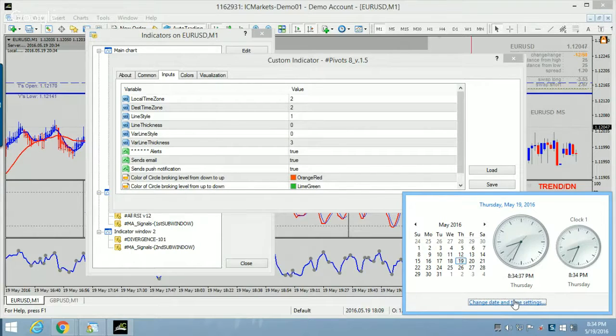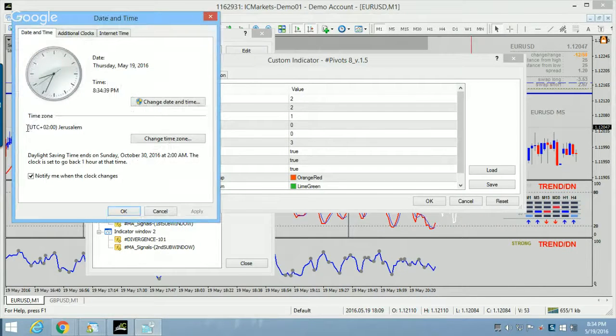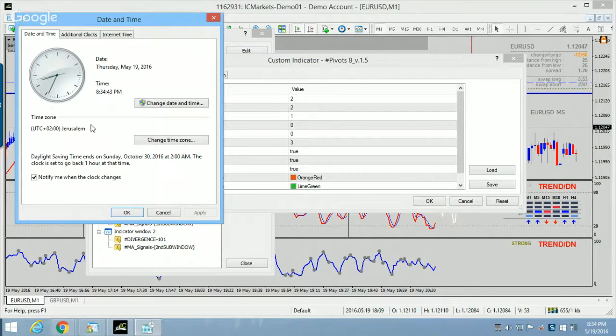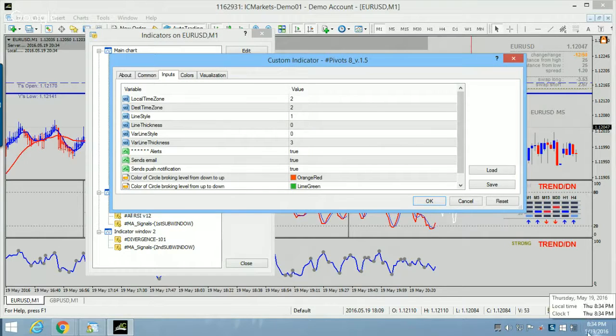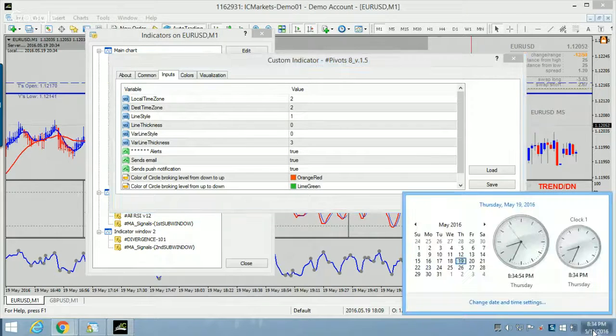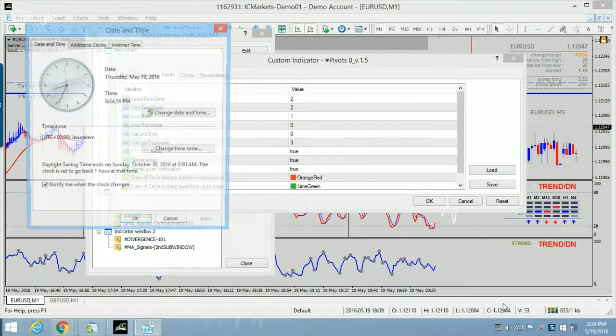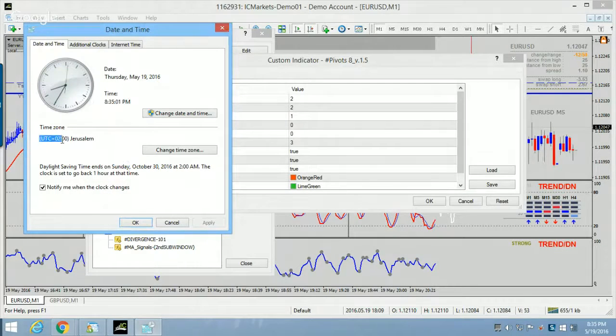And here is how you know that your local time is UTC 2. So once again, in order to know exactly what your local time is, you access the clock of your computer, you go to the date and time settings, and here it is, UTC 2.